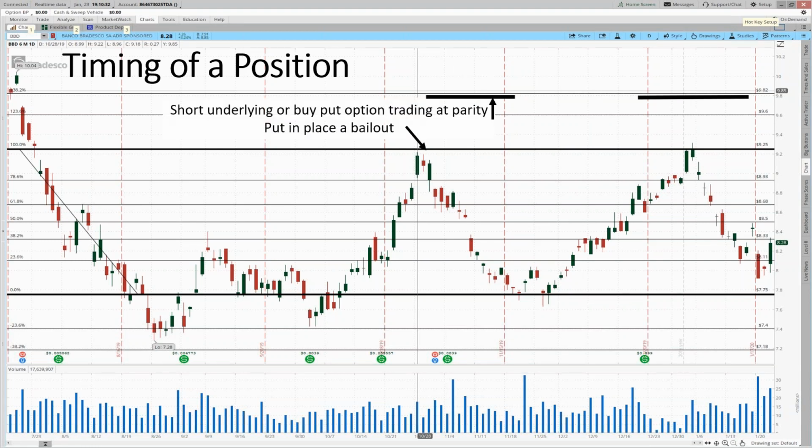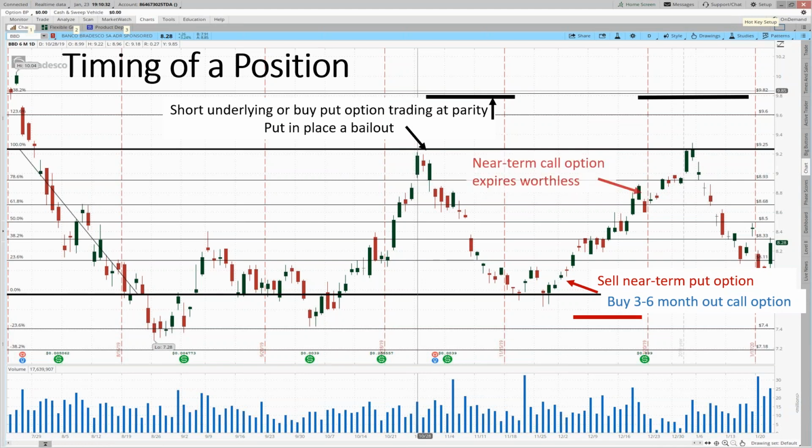Or if you're coming from the top side, you can short an underlying symbol, or even better, buy a back month deep in the money, far out in time put option that's trading at parity, put your bailout in place, sell your near-term put option, protect it with a protective call. That put option expires worthless. You collect your premium and you sell back that protective call, and you rinse and repeat. That's what our whole thing is.